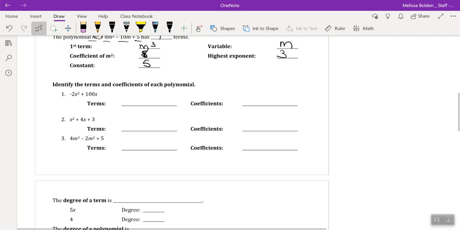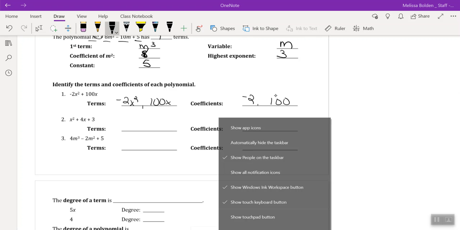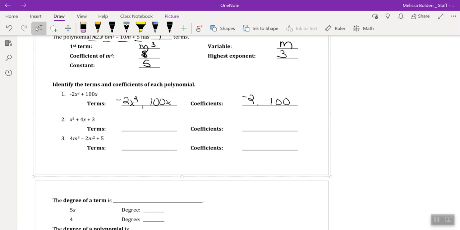So it's asking us to identify the terms and coefficients of each polynomial. So the number of terms is 2, and those terms are -2x squared and 100x. The coefficients are -2 and 100. The next one, the terms are x squared, 4x, and 3, and the coefficients are 1 and 4.